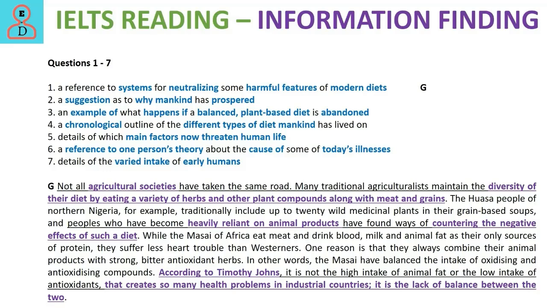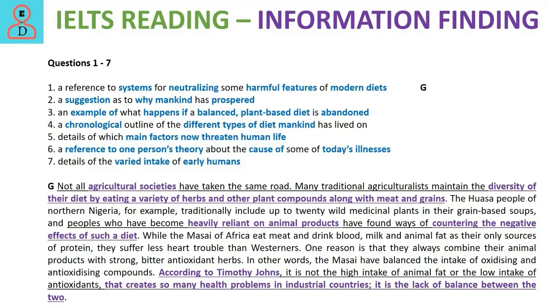Now, coming to the bottom 2 lines, the phrase "according to Timothy Jones" suggests that it could be the answer for statement number 6. But we have to make sure, because remember in paragraph C as well we had such a phrase, but we ruled out C as the answer because it did not mention the keywords in the second part of the statement, which are "cause of" and "today's illnesses."